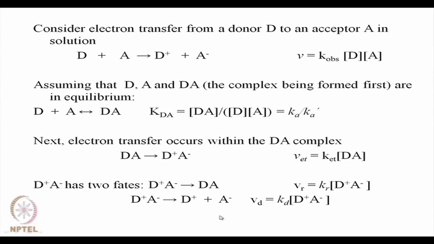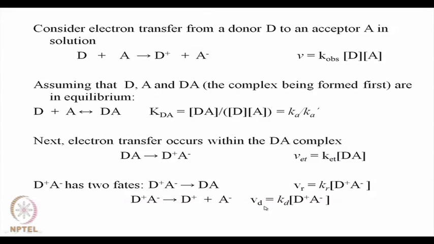Okay. The other option is that, after the electron is transferred, D plus A minus will separate out, producing isolated D plus and isolated A minus. So, the rate of dissociation of D plus A minus is Kd times the concentration of D plus A minus.